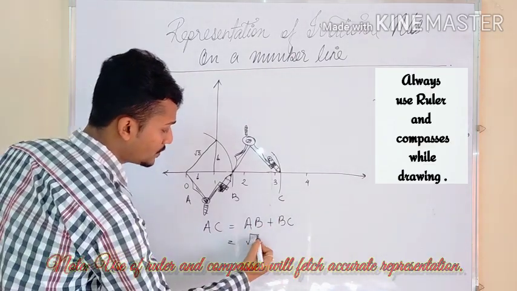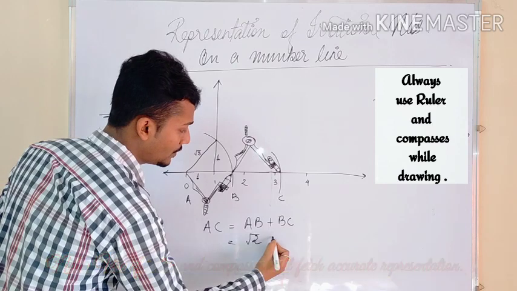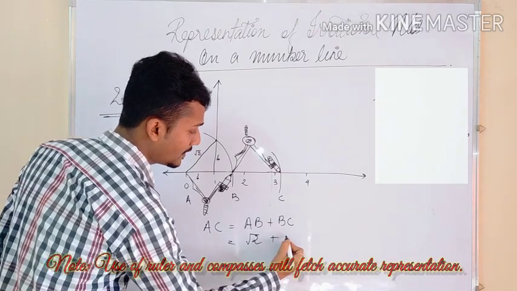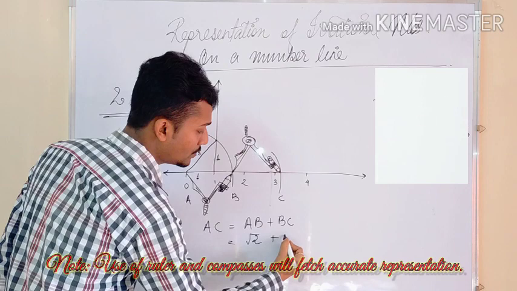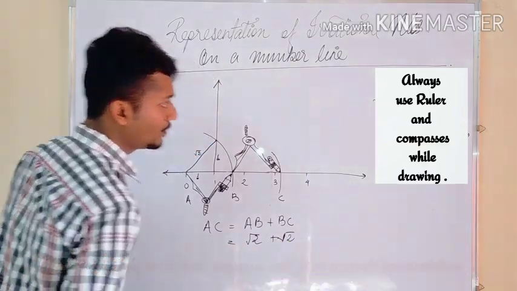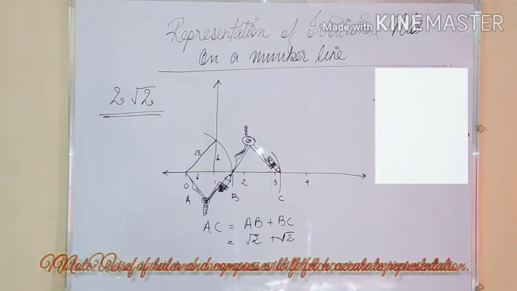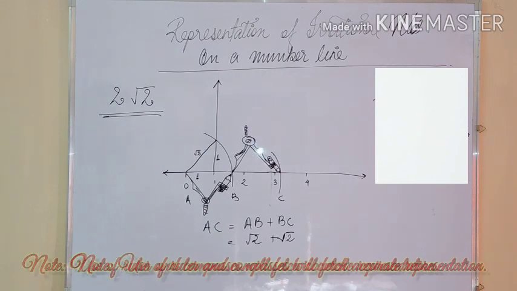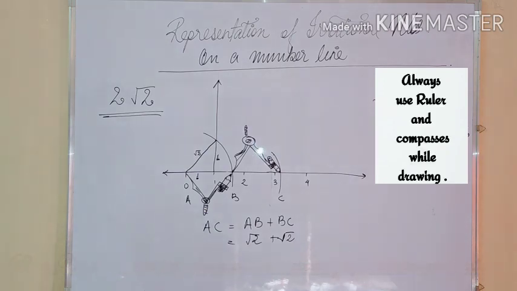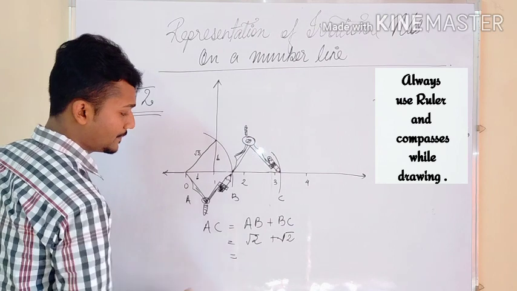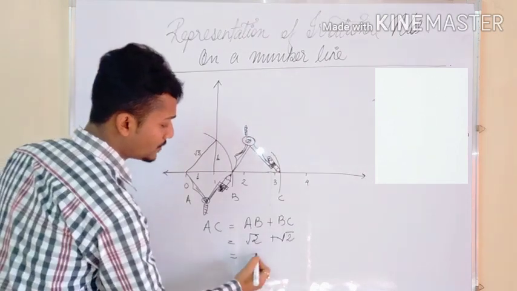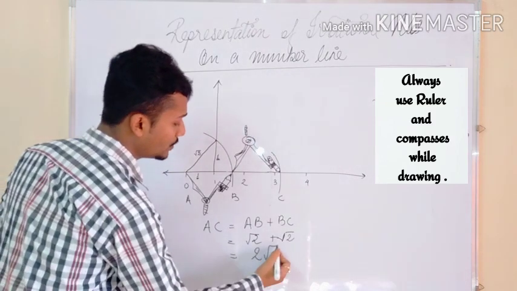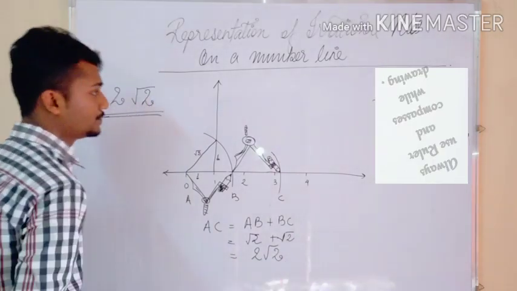AB is equal to root 2. Yes. BC is equal to root 2. And root 2 plus root 2 is equal to 2 root 2.